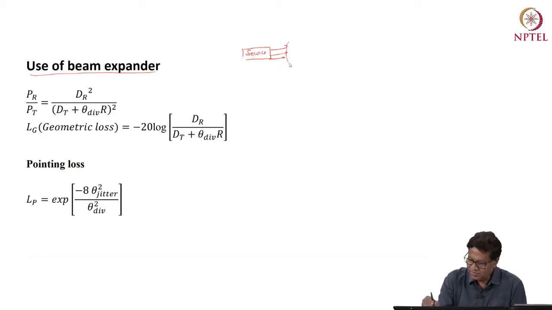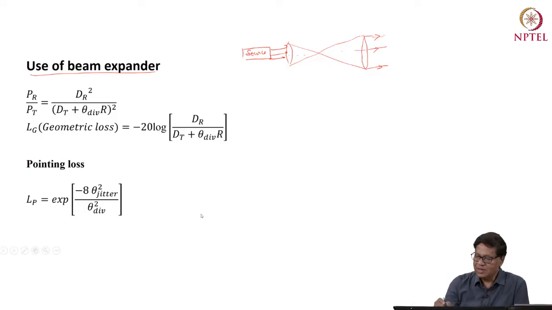And then you have a first lens here. It converges the light here. And then you have another lens which will collimate the beam. So this is the use of beam expander. It's a two-lens system.